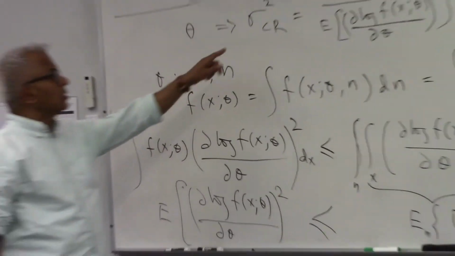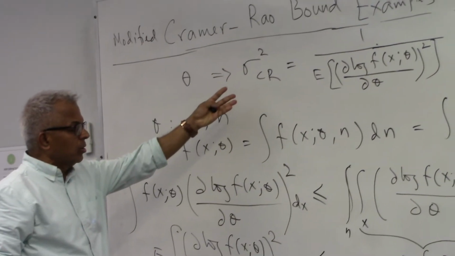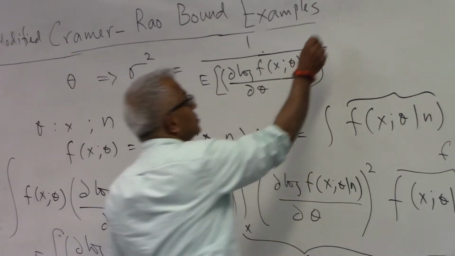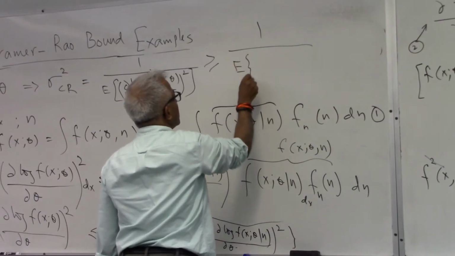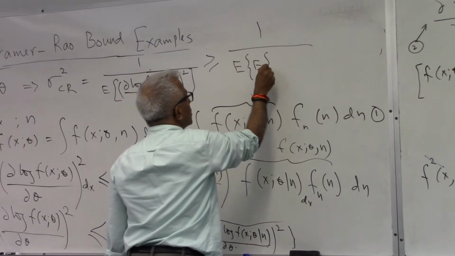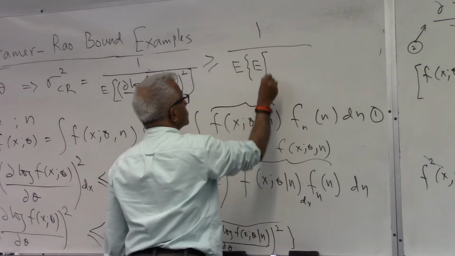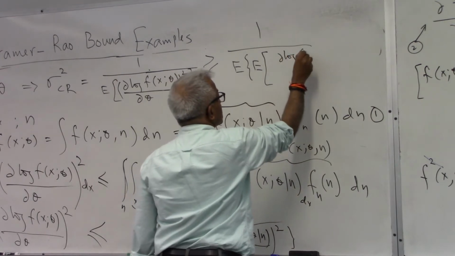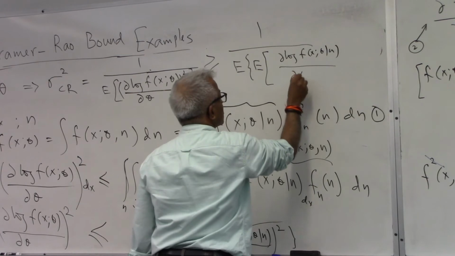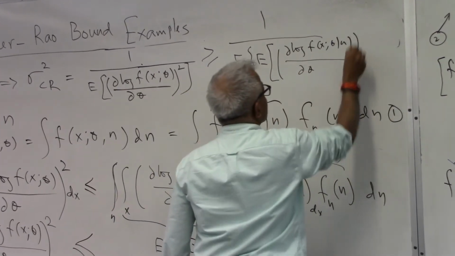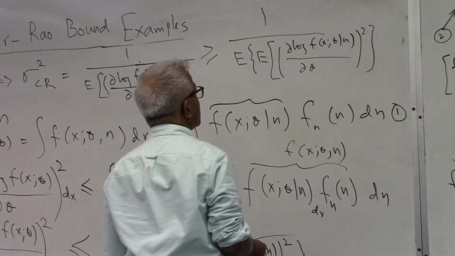But if you notice here, the inverse of this is the Cramer-Rao bound. So what we are saying is that this is greater than or equal to 1 over, you get this identity, minus the expected second derivative.